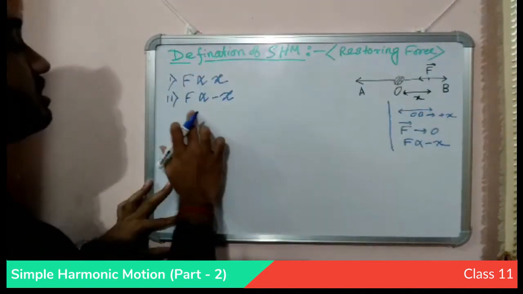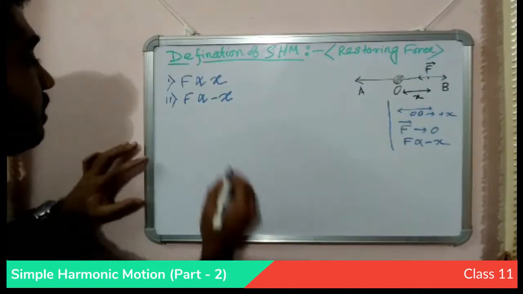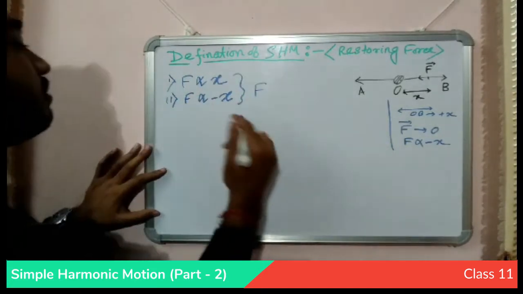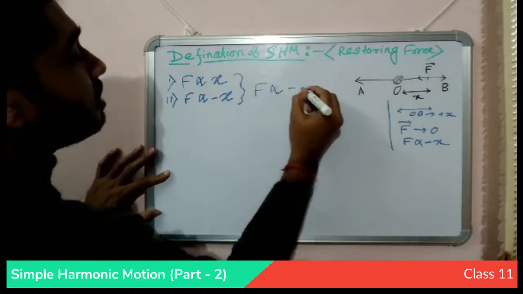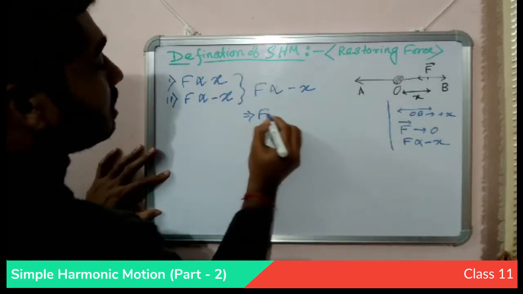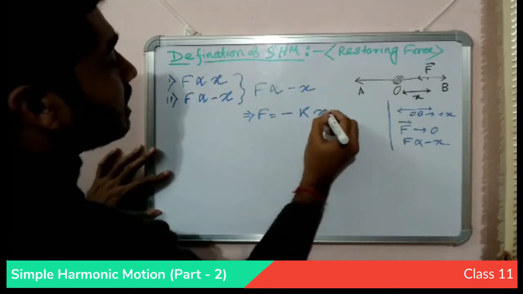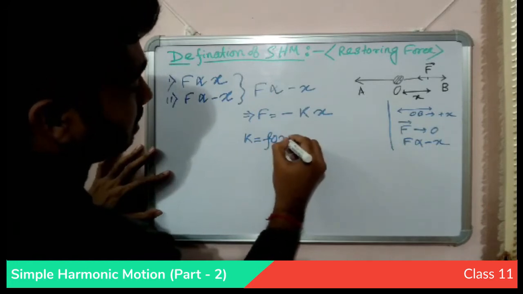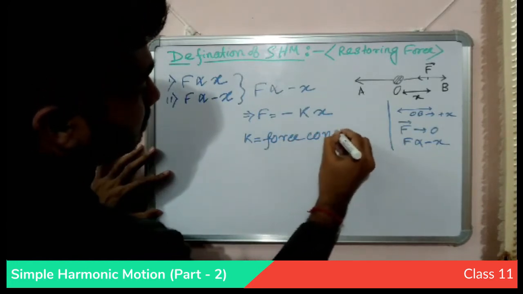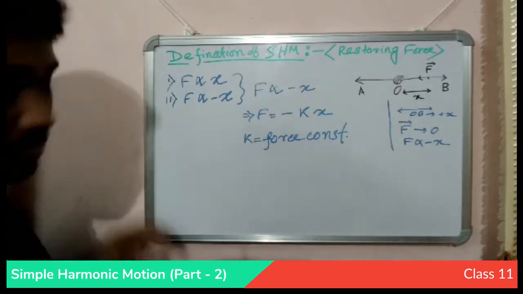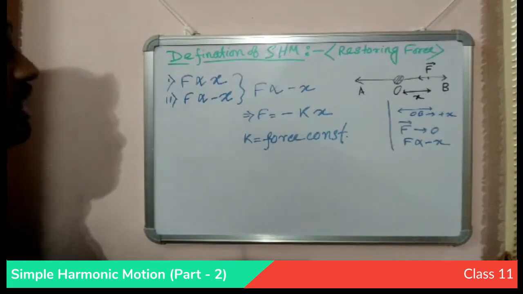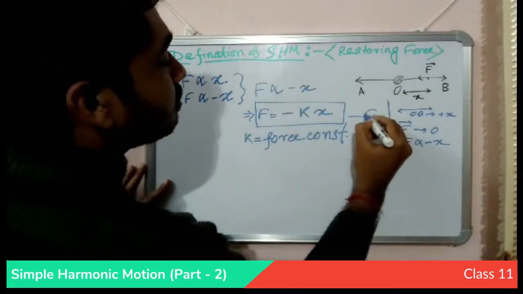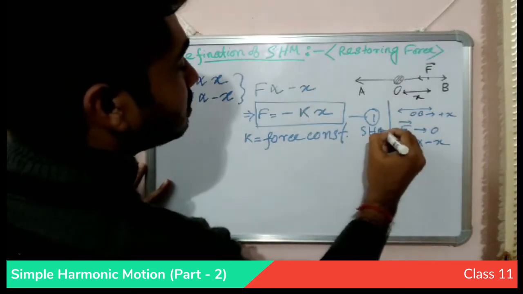Equating these two, F is proportional to minus x, or F is equal to minus kx. K is known as the force constant. And this is the well-known equation of simple harmonic motion, the SHM equation.